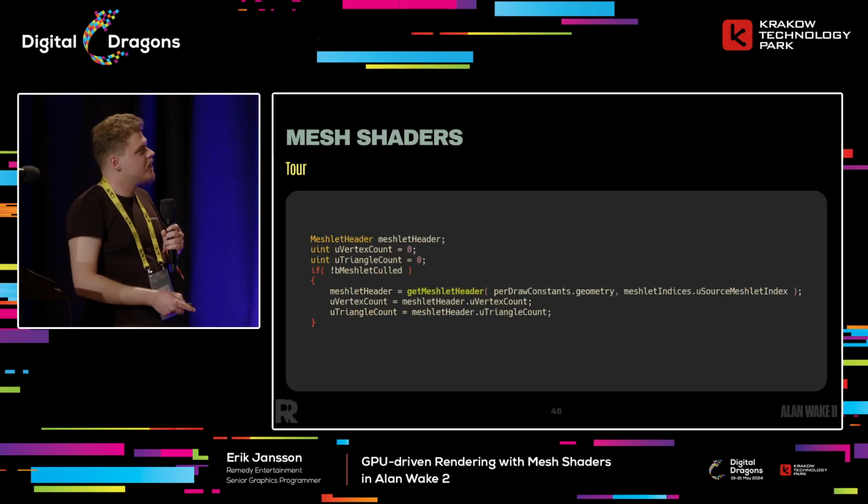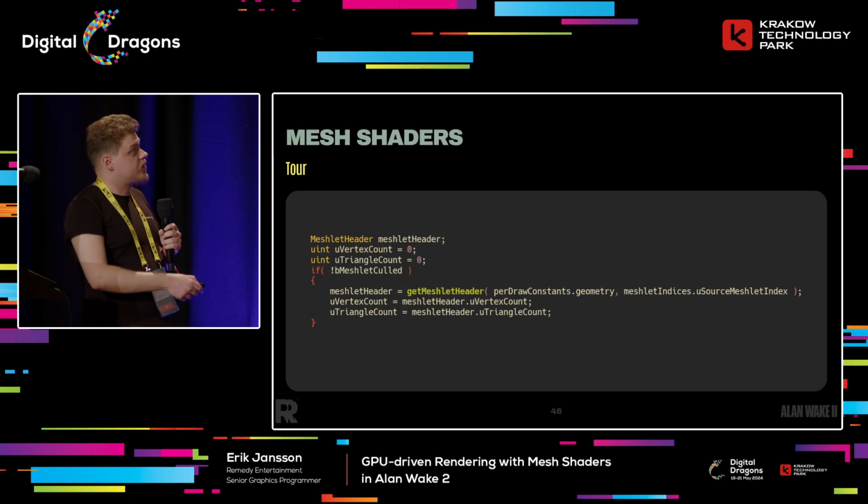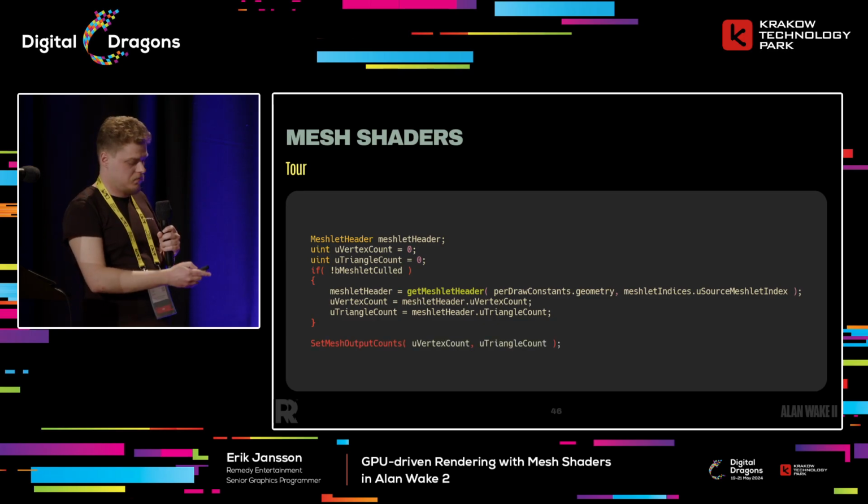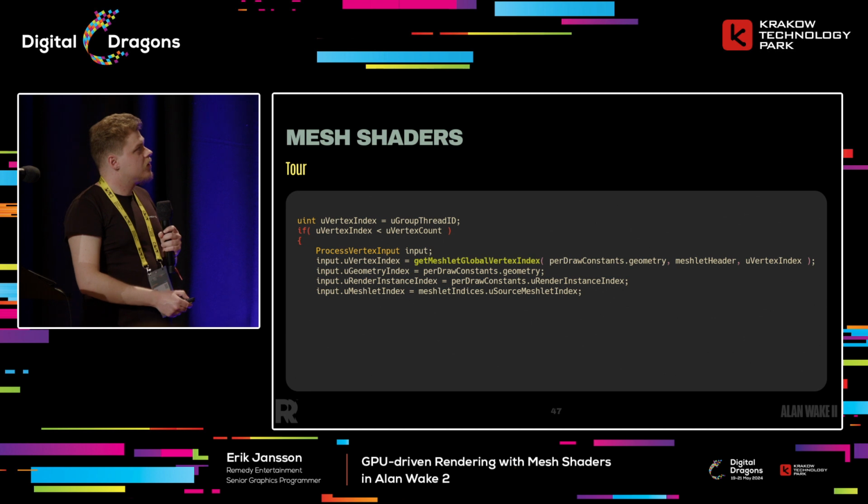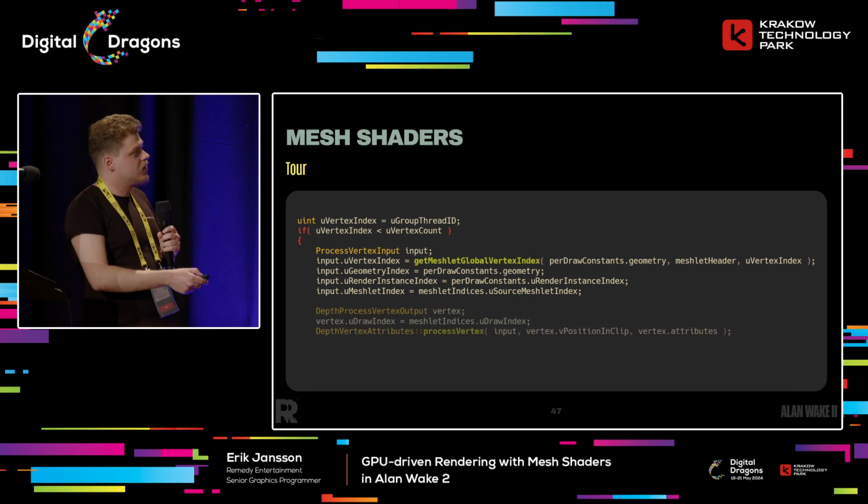That's better. We then start to get into the interesting things. Here we have the meshlet header, and we read how many vertices and how many triangles we're going to be outputting. And then we just set that to the mesh shader. Now we start outputting the vertex attributes. This is some bookkeeping. You don't really need to check this. Here is where we do the vertex transformation, and I'll come to this in a bit.